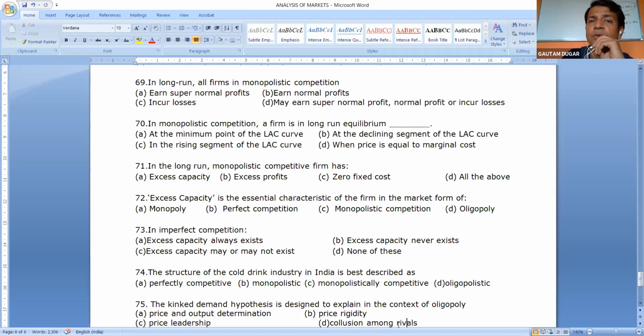To recap the features: we have few sellers and a large number of buyers. The sellers may be selling the same or a differentiated product, but a very important feature is the heavy interdependence among the sellers, especially with respect to pricing decisions.